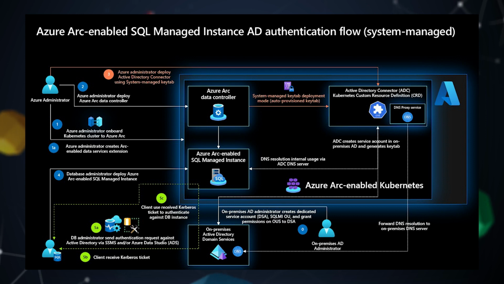Okay, so you just connect it using capabilities in the Arc platform to Azure. And in a custom location of your choice on that Kubernetes cluster, you can add data services extensions onto it, which means now you have enabled that cluster to run data services.